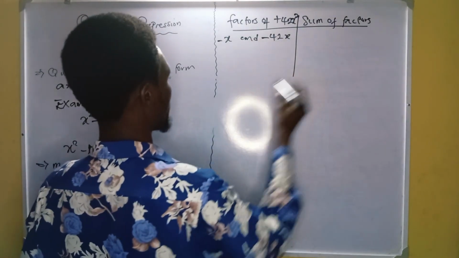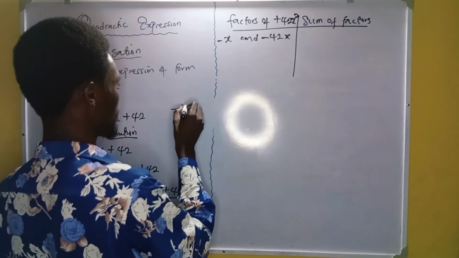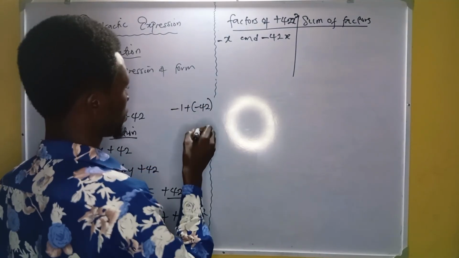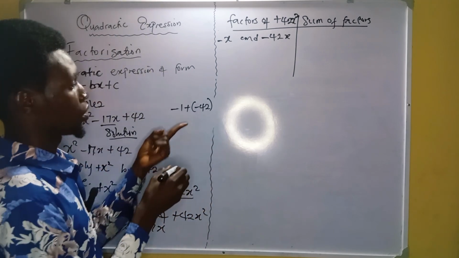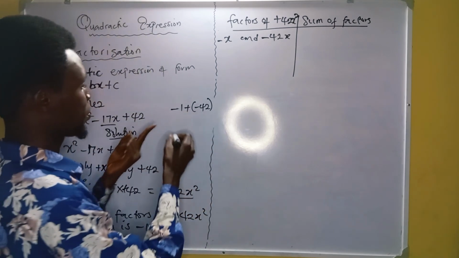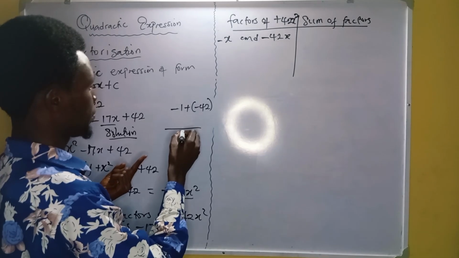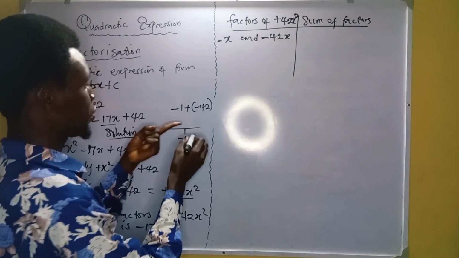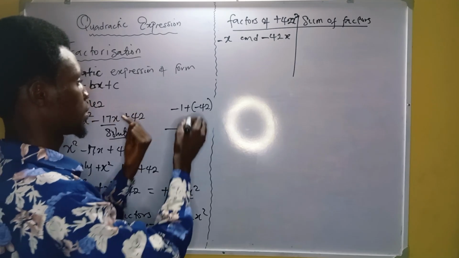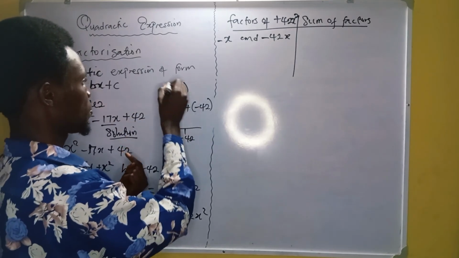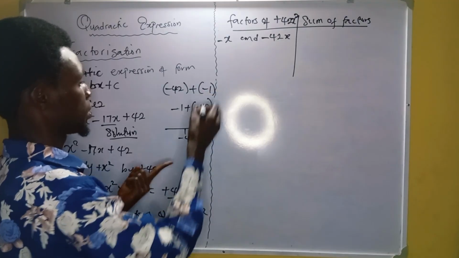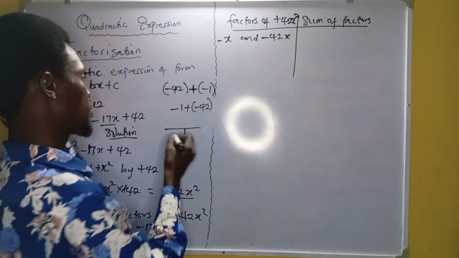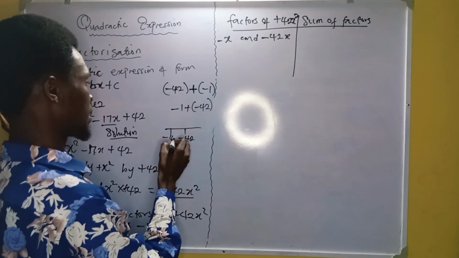So the next one, if you add this together, you are having minus 1 plus minus 42. If you are moving on your number line from minus 42, when you are adding a negative number, you move to your left on the number line.